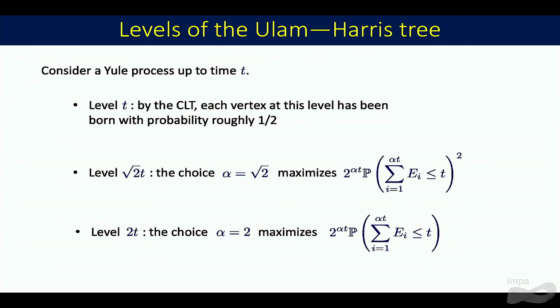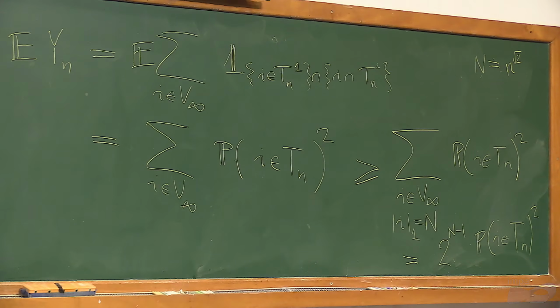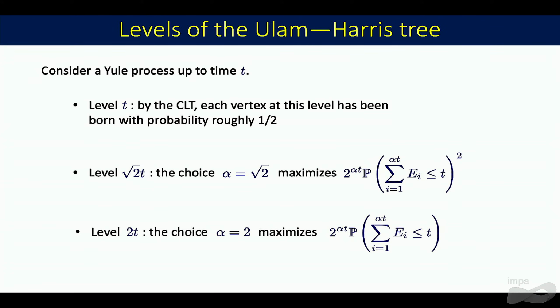Essentially, what you have to do is analyze the levels of the Ulam-Harris tree. By this calculation, this is the quantity you have to optimize over alpha greater than 1.